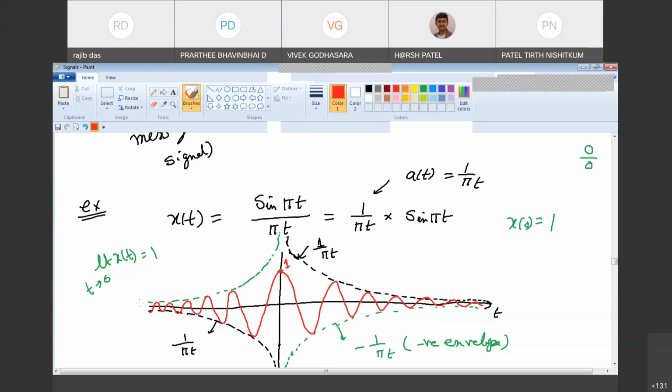So this x of t is commonly used in communication. It is called the sinc function. So when the time comes, it will be discussed in detail. Especially in this course it will be discussed in detail while we'll be discussing the sampling theorem, to convert a continuous signal to a discrete time domain signal.